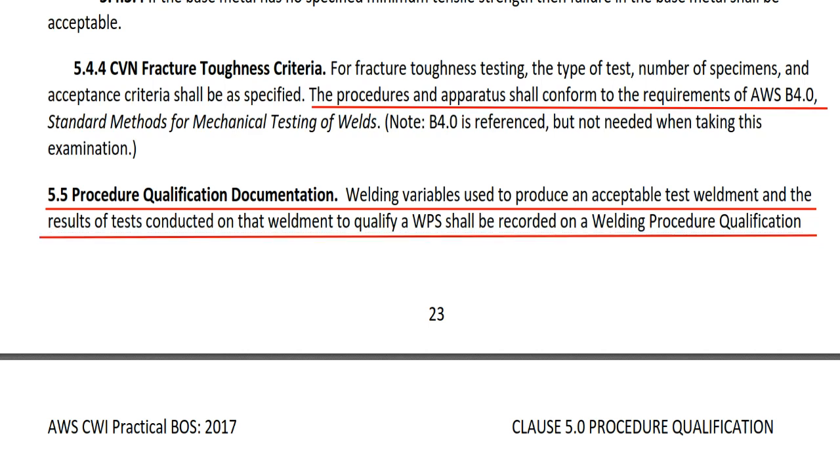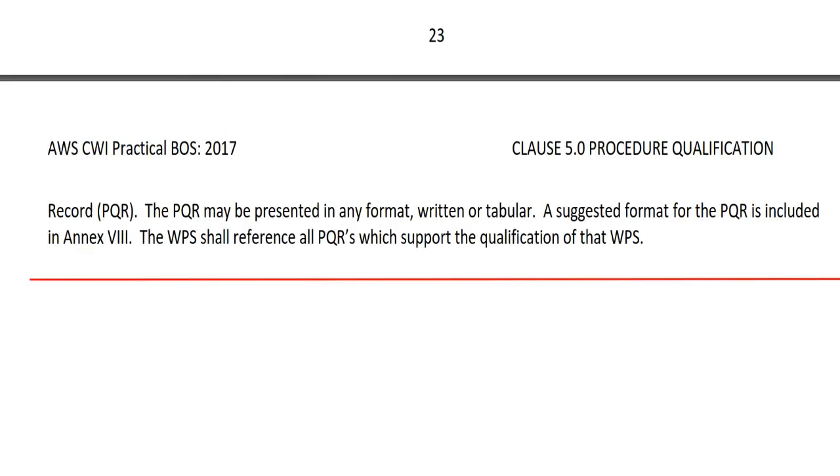Procedure qualification documentation. Welding variables used to produce an acceptable test weldment and the results of tests conducted on the weldment to qualify the WPS should be recorded on a welding procedure qualification record, which means PQR.